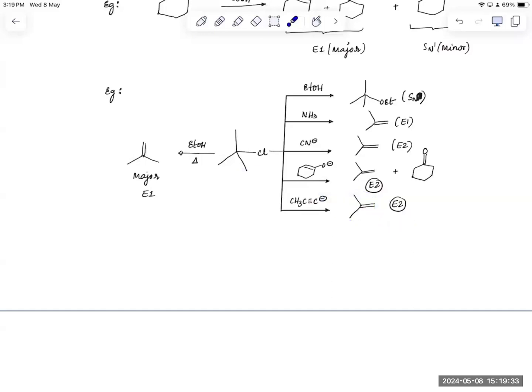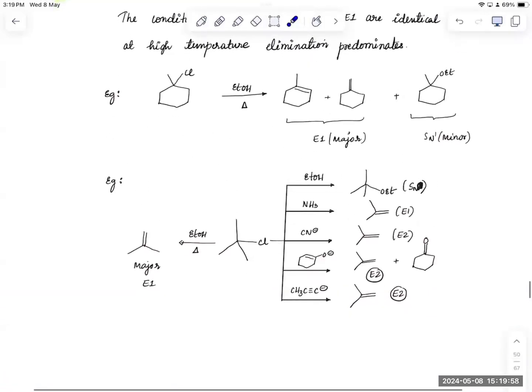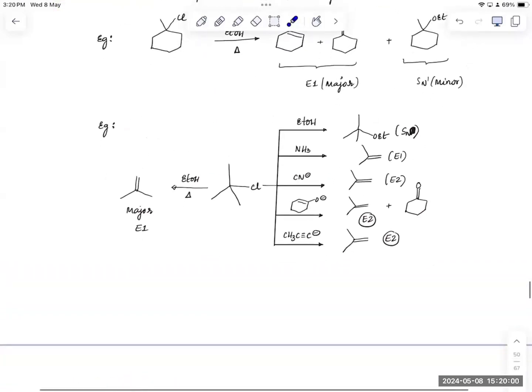Even if the concentration of the base is increased or the strength of the base is slightly increased, it would usually go for E2 type of mechanism only. So guys, a lot of time you will see reactions will either go via E2 mechanism or SN1 mechanism. SN2 and E1 are very less preferable at times. Clear everyone?